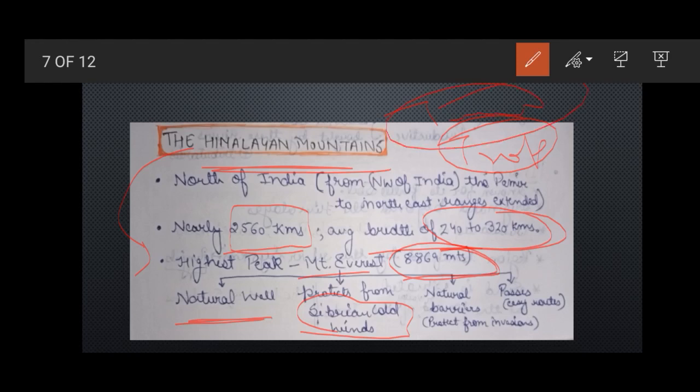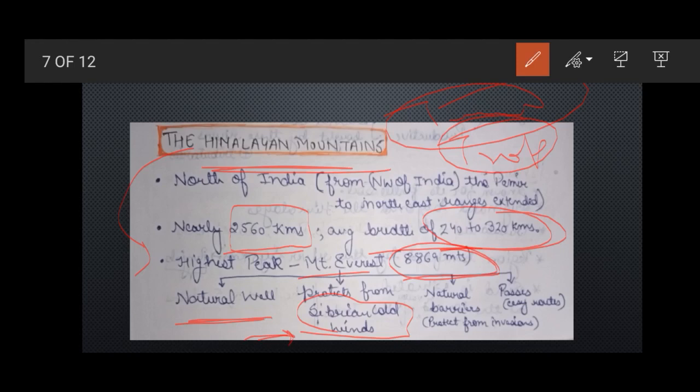I mean a temperate monsoon country, because the reason is the same. The Himalayas protect us from the extreme climate, from the Siberian cold winds.